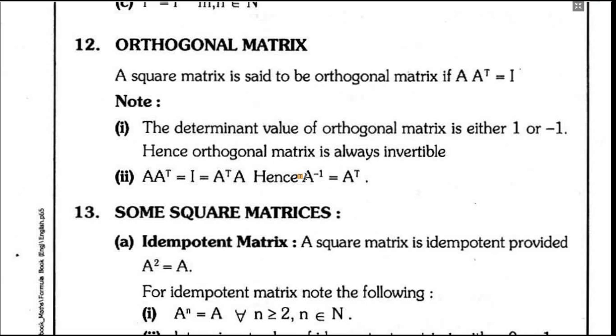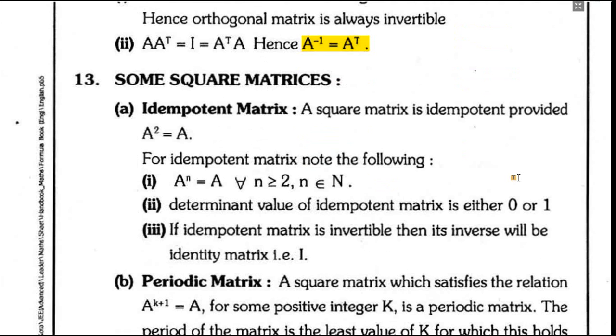A into A transpose equals identity matrix equals A transpose into A. Hence, A inverse is nothing but A transpose. For an orthogonal matrix, you must remember that A inverse equals A transpose. Orthogonal matrices are those matrices in which A into A transpose is I, where I means identity matrix.